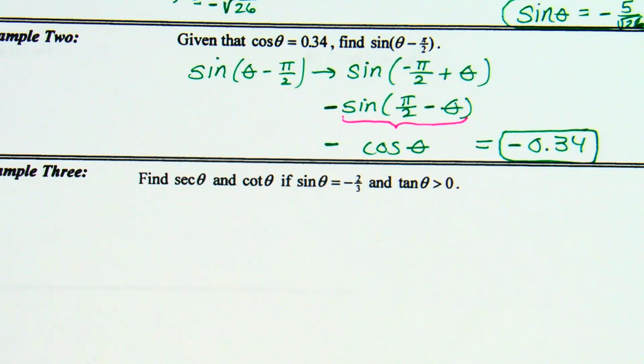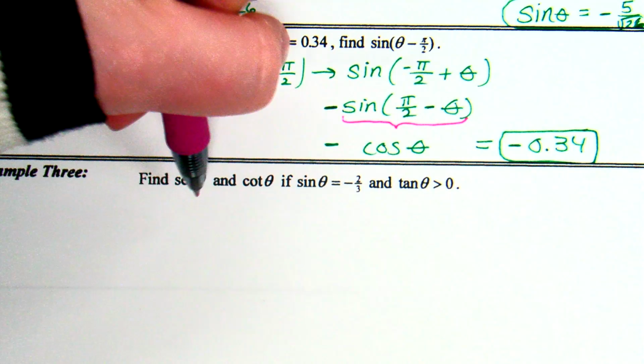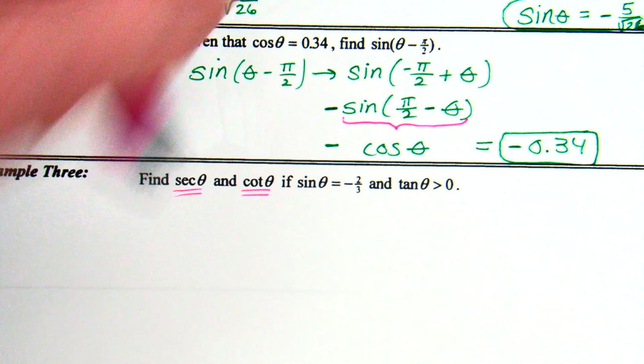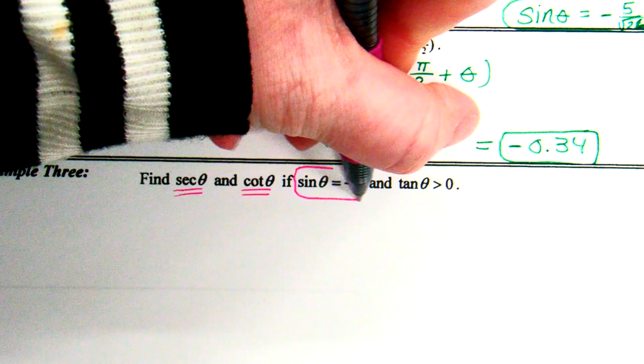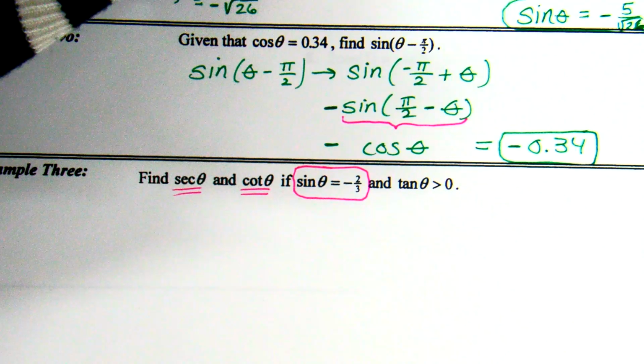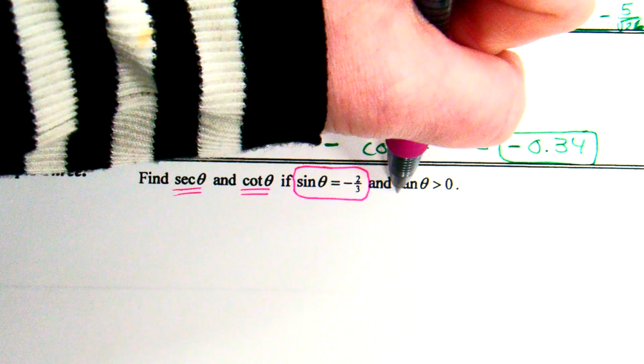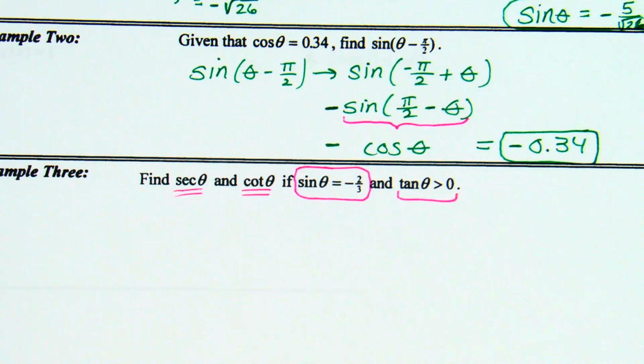You guys got to talk to me here, okay? They're asking me to find what? Secant and cotangent if sine of theta is negative 2/3 and tangent of theta is greater than 0.